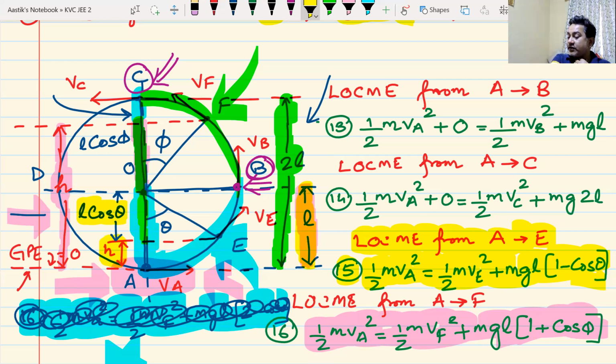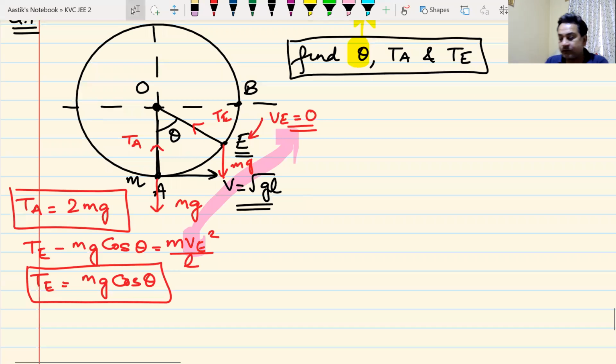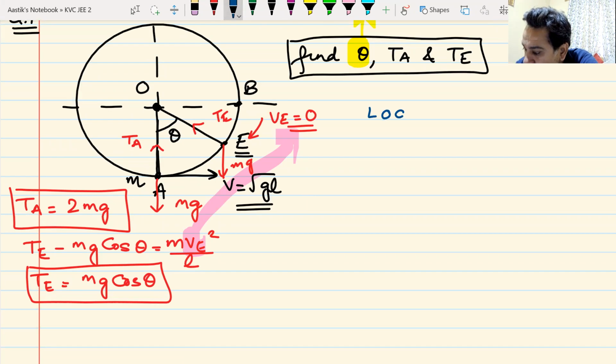From that log me equation, what is the answer?